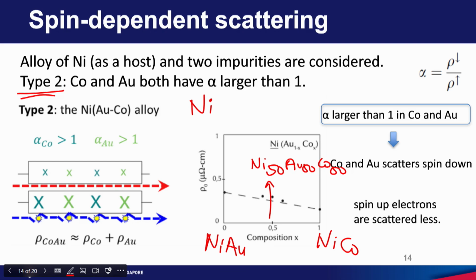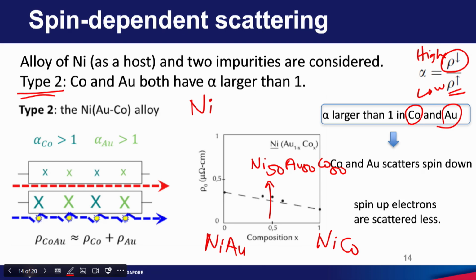In this case, both cobalt and gold have alpha larger than 1, which means both of them will only scatter the spin down electron, they do not scatter the spin up much. Low scattering for spin up electron, high scattering for spin down electron. So, this is what both cobalt and gold do.